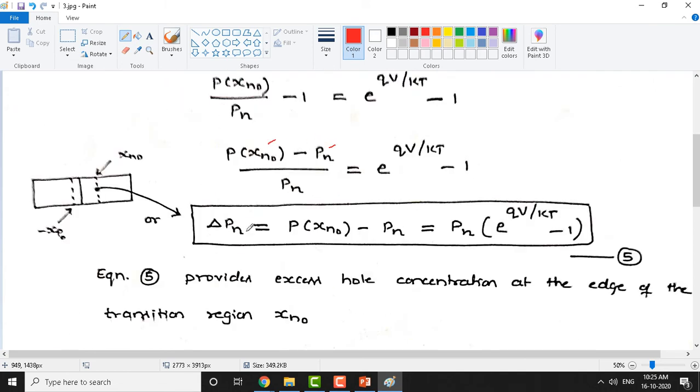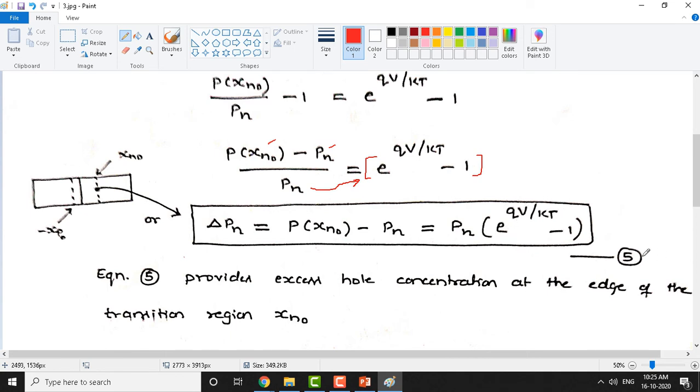So delta Pn is equal to P of xn naught minus Pn. This Pn goes to the right hand side, so within the bracket we multiply with Pn. So you have the final equation for delta Pn, the change in hole concentration on the n side, as Pn into e to the power of qv by kt minus 1.